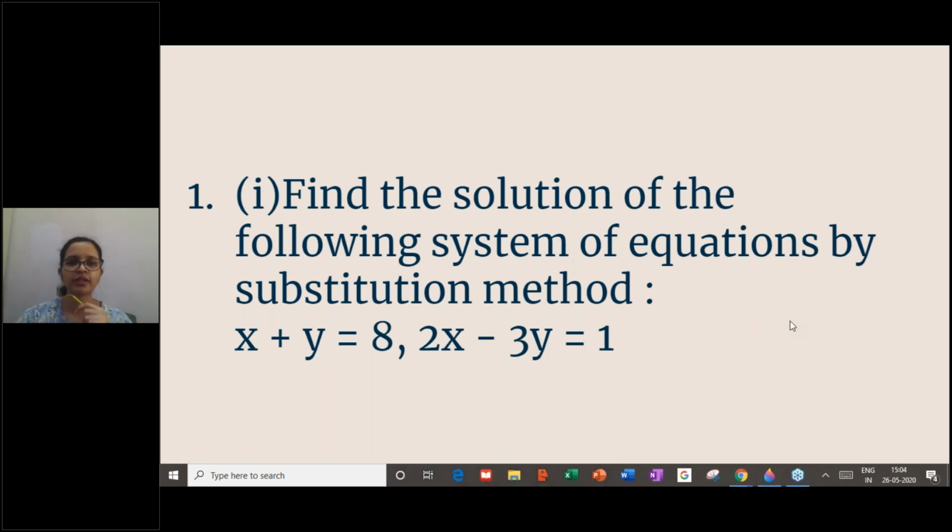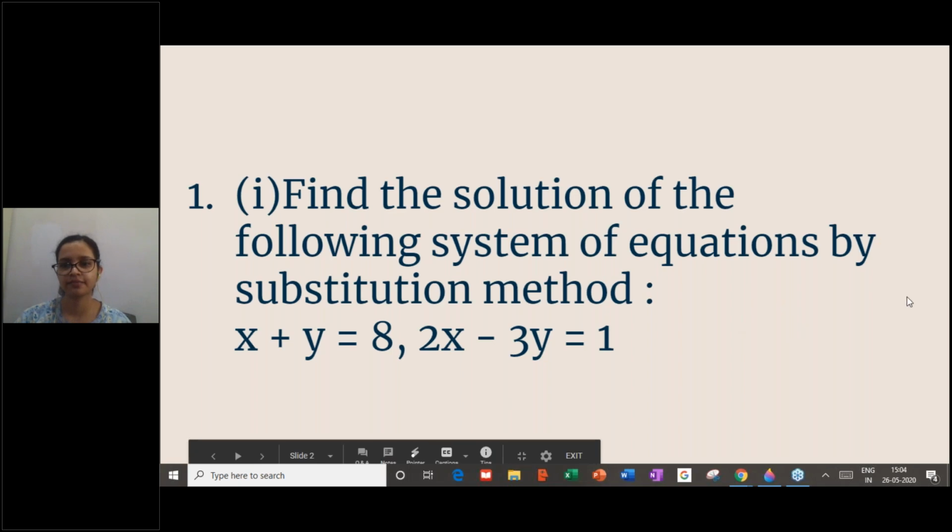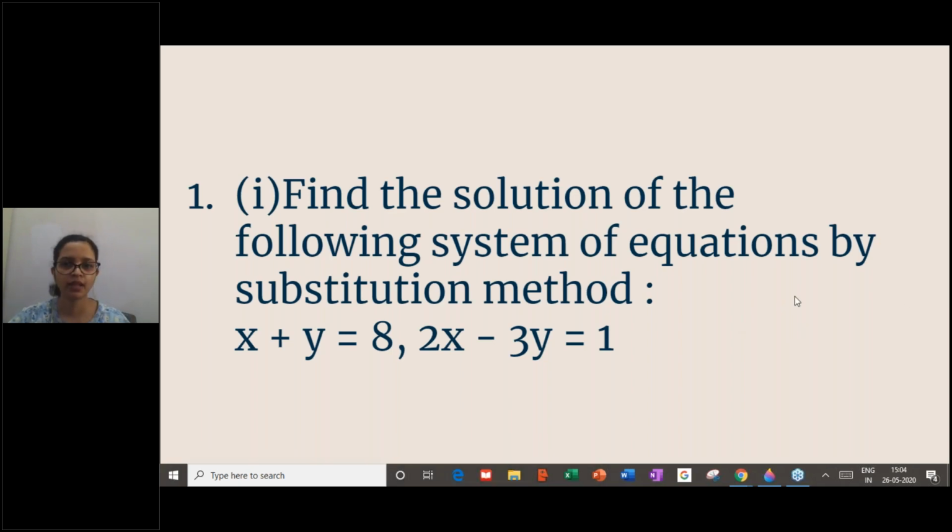All those who can solve this question can type in your answers. Anybody who has just joined, I am taking a recap of the substitution method you all had learned last class. So try solving this question on the screen. I'm getting some answers. Yes, Pratim, that's right.